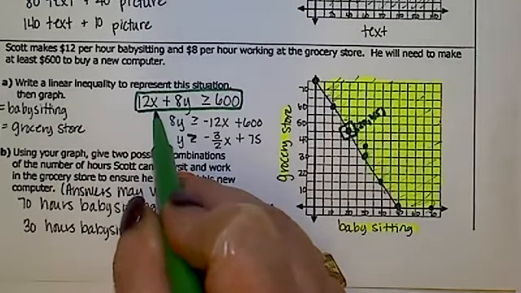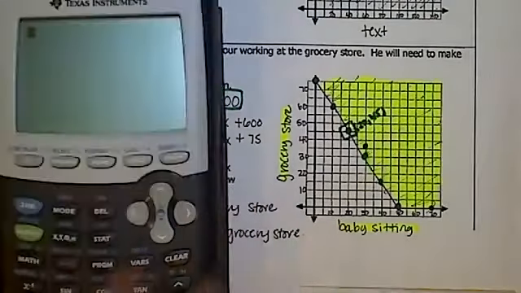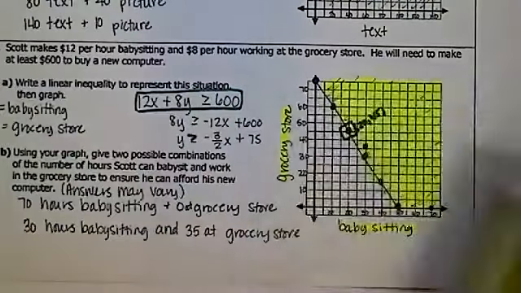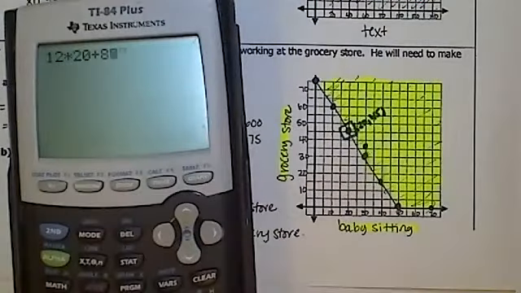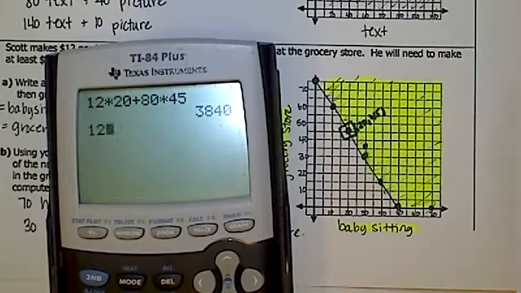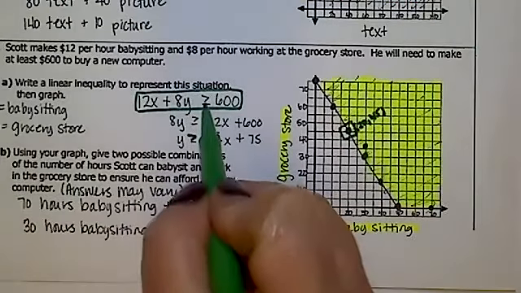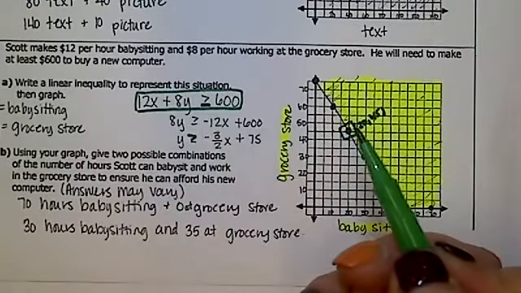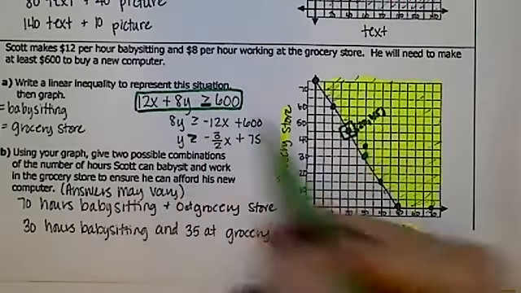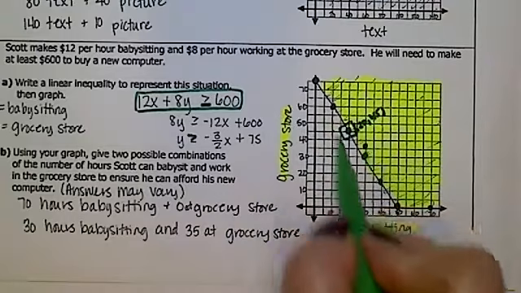I like to go back to the original. So I'm going to do 12 times 20 plus 8 times 45. Uh-oh, I did 80 plus 8 times 45. You see you get 600. So that would work on the line because it equals, because this is a solid line. Okay, that would give them $600, anything on the line.